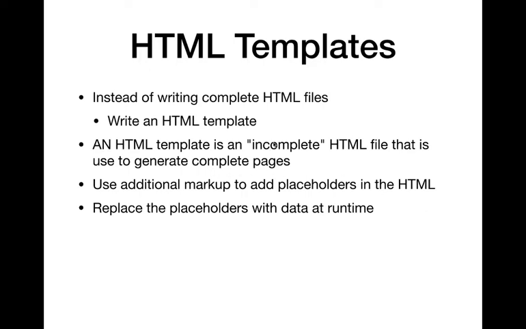So we have this template which is going to be used to generate our HTML, but we're going to generate it at runtime. Once we have the information that we want to embed in that page, we're going to take the template, take the data, combine them, generate our HTML, and then send that HTML on its way.